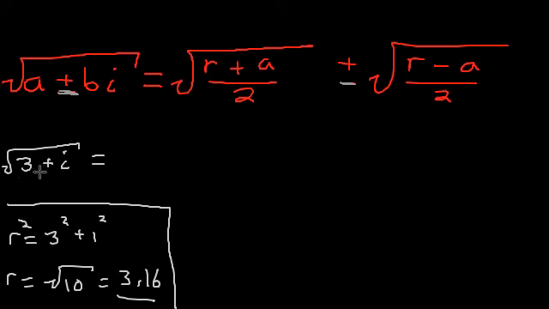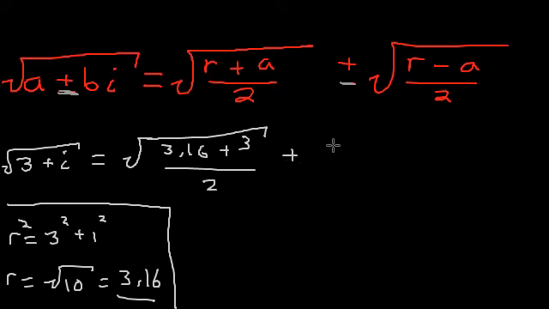So back to this guy, 3 plus i square root. We figured out our r, 3.16. So then we just simply plug it into here. So we have the square root of 3.16 plus our a. What is our a? Just that first number, 3, over 2 plus, oh, sorry, my bad, 3.16 minus 3 over 2, square root.